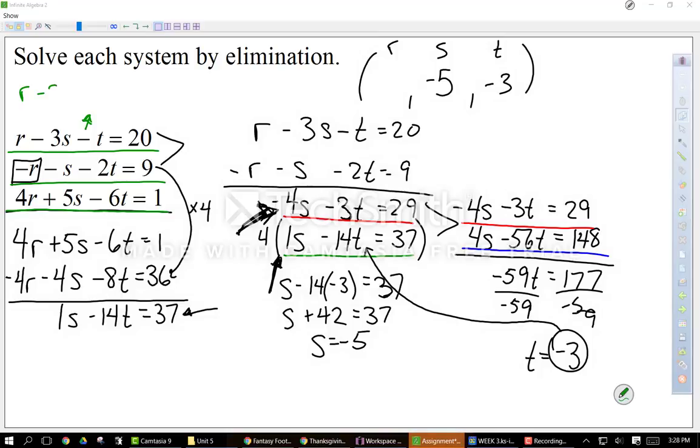So r minus 3 times s, which was negative 5, minus whatever t was, which is negative 3, equals 20. And now we're going to solve. So r plus 15 plus 3 equals 20. If you do the math, you actually get r is equal to 2. So r is 2, s is negative 5, and t is negative 3.